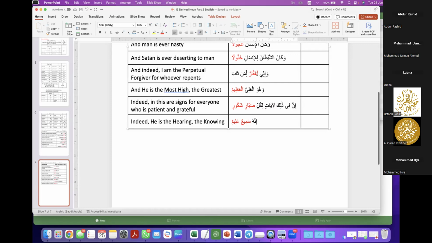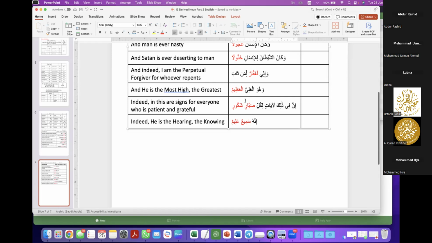Yeah, for emphasis. Okay. Yeah, more emphasis. It's ghaffarun. Fa'alun pattern. Ismul mubalagha. Fine. Mubalagha now. Okay. Good. Next. Okay.